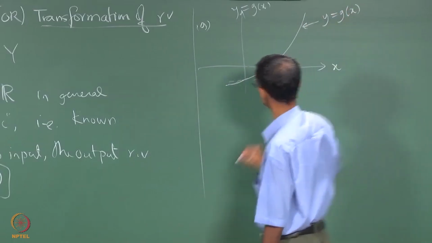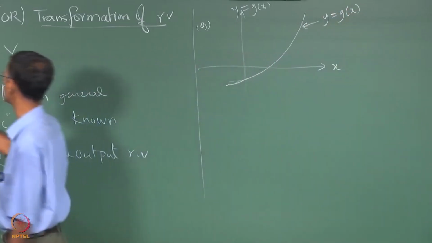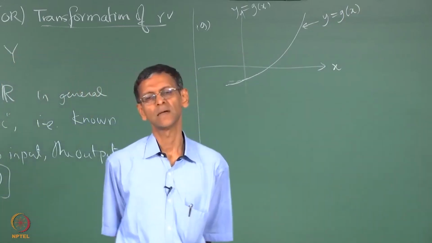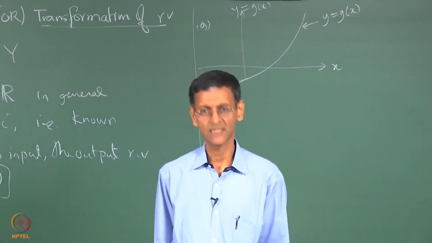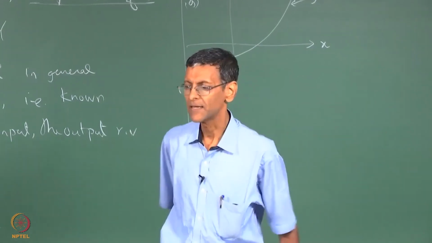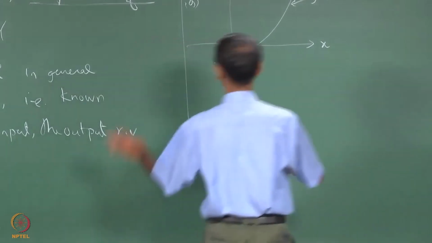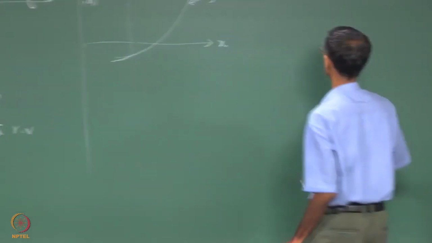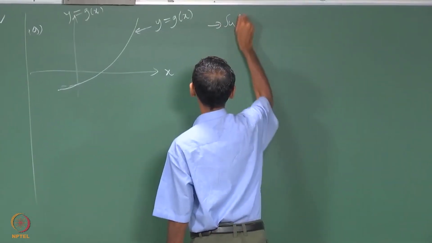It turns out that in general I do not need to worry about G for all of R, because in many cases the range of X, omega x, is finite, is bounded. So you really need to specify this G only for omega x. Let me make that point clear.